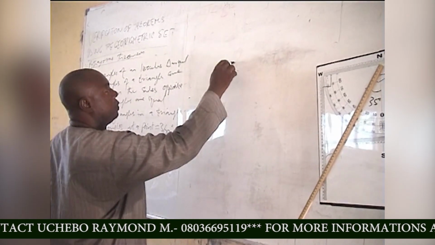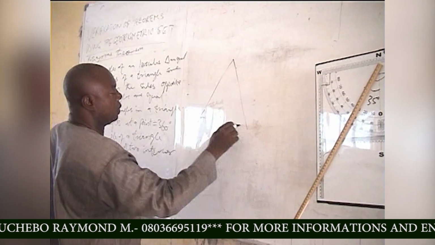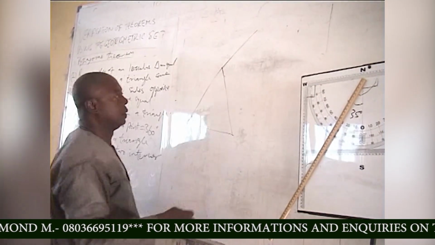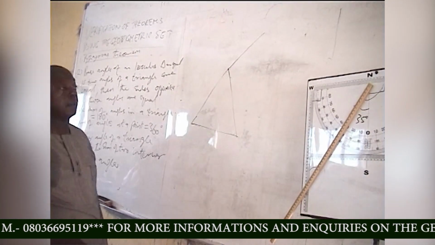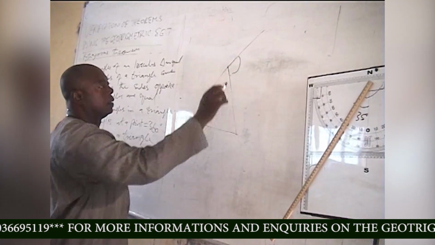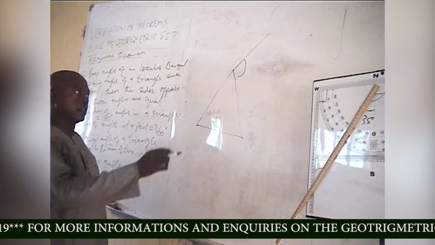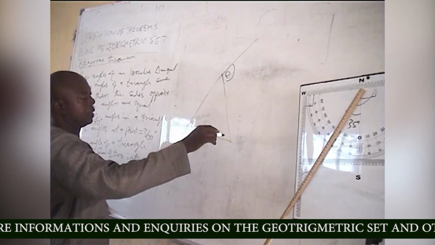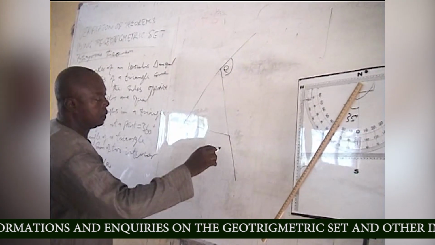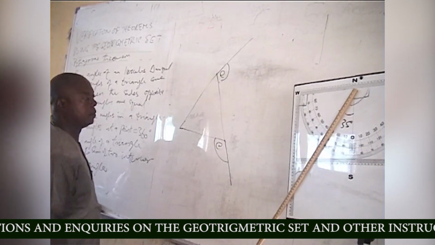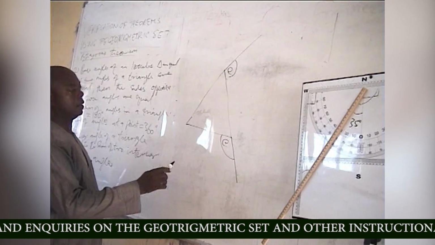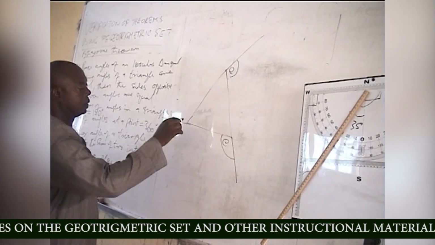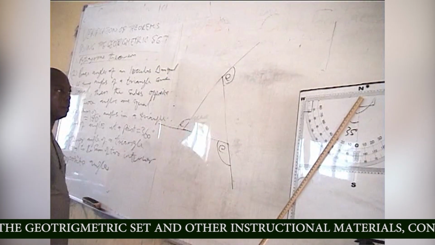If this is a triangle, if you produce this line, what is this one? Exterior angle. If you produce this one and produce this is exterior angle. Huh? If you produce this one, it will become exterior angle.